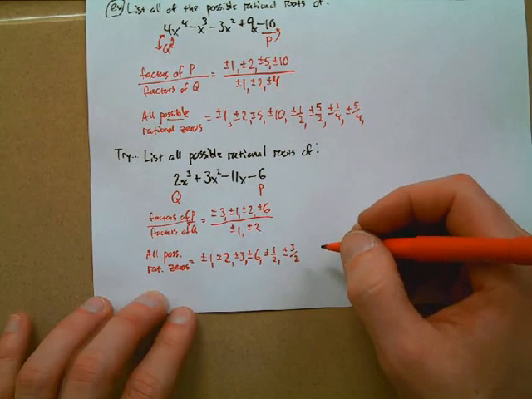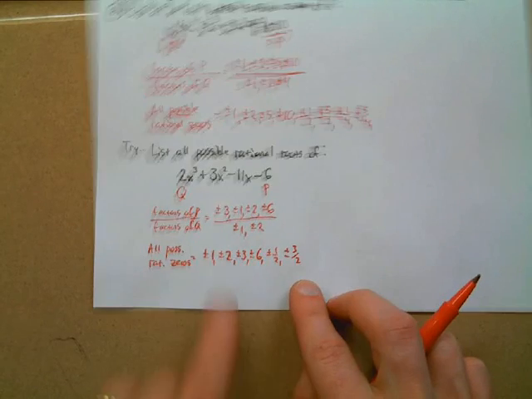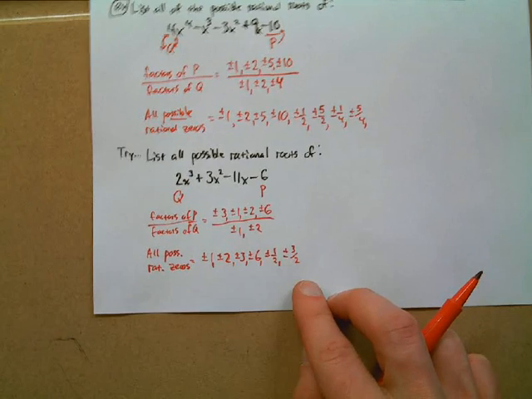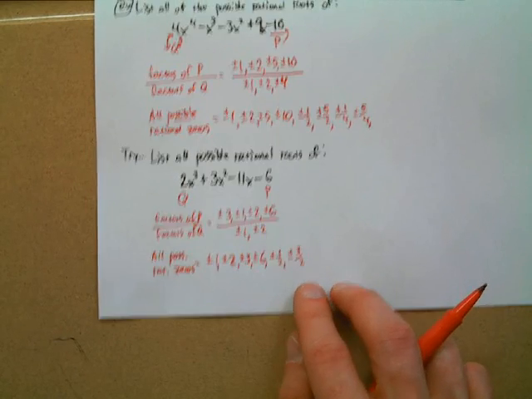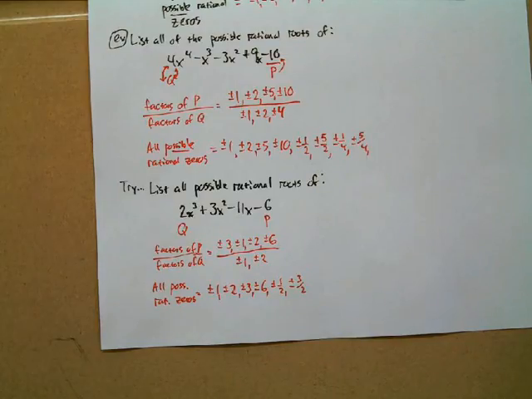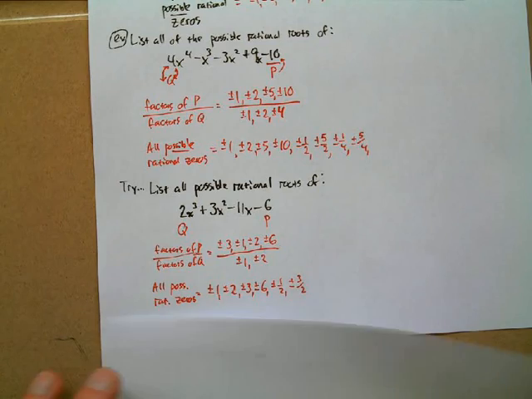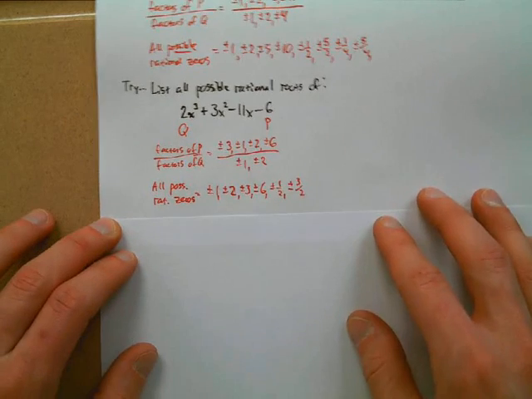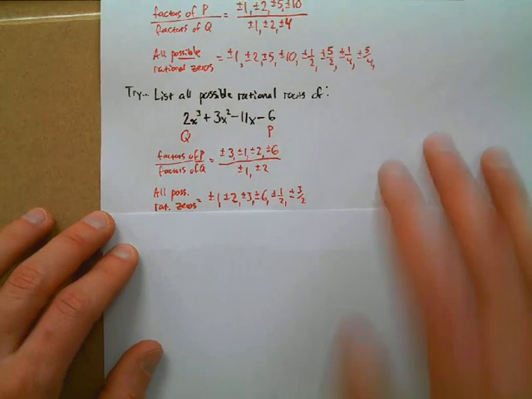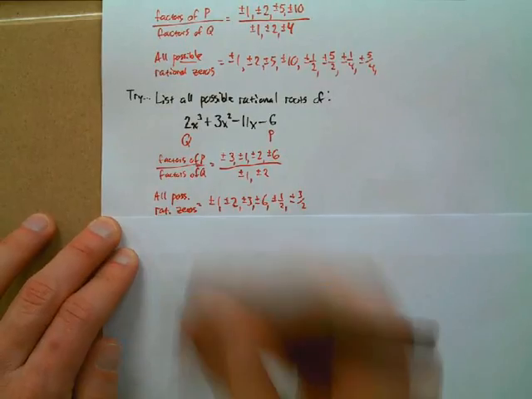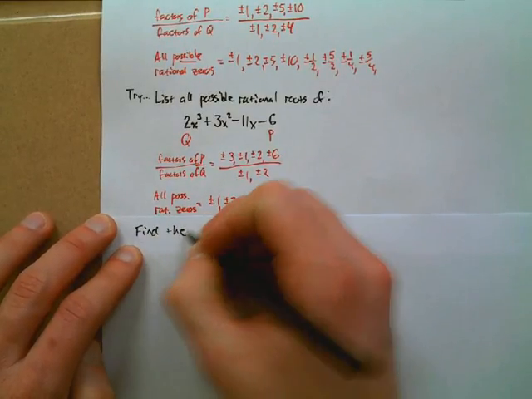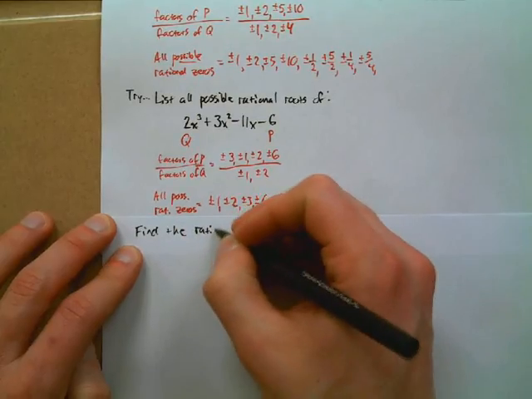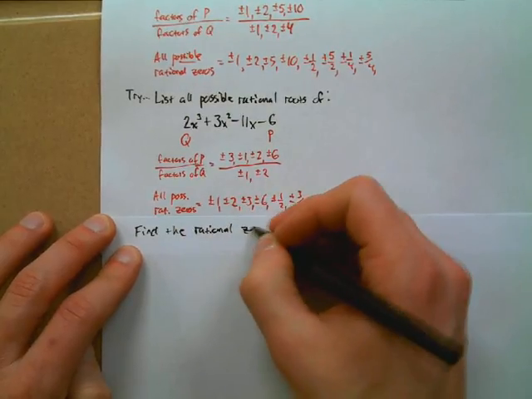Okay. There it is. Well, let's actually find the rational zeros. Let's actually now find the rational zeros of, and we're going to use that same polynomial, 2x cubed plus 3x squared minus 11x minus 6.